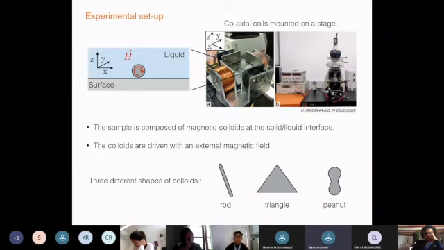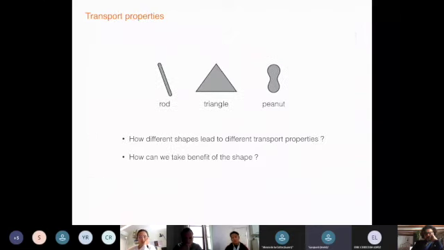In the following, we will consider three types of colloid with three different shapes: a rod, a triangle, and a peanut. The idea is to see how these different shapes can lead to different transport properties, and how we can take benefit of these different shapes.